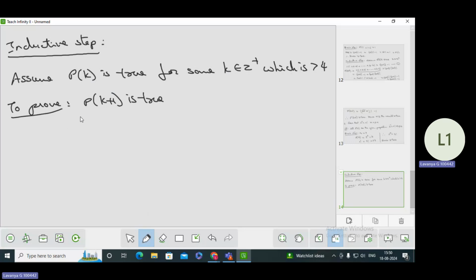So P of k plus 1 is true means I have to prove 2 to the power of k plus 1 is strictly less than k plus 1 factorial. This is what I have to prove.